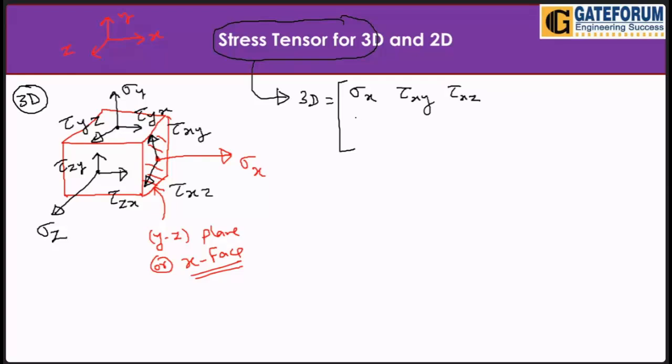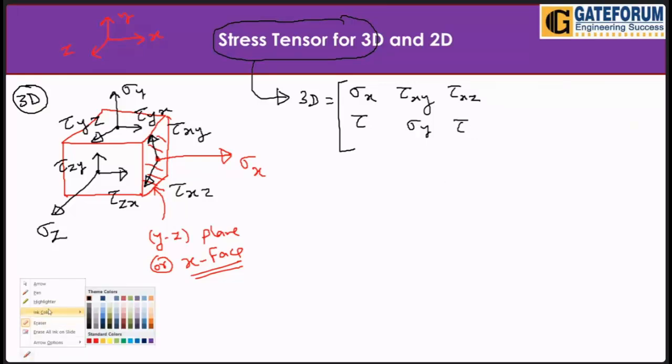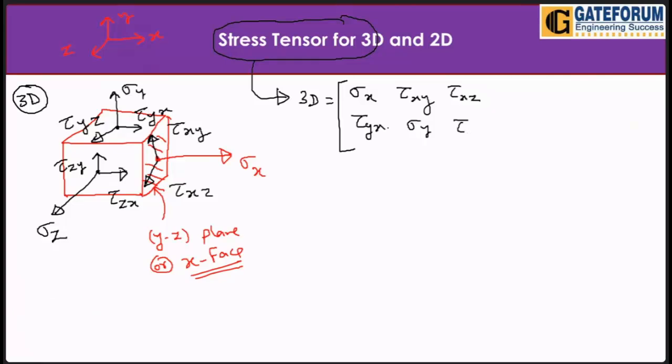Then in the second row, tau yx, sigma y, and tau yz. Sorry, it is yx here, not xy.